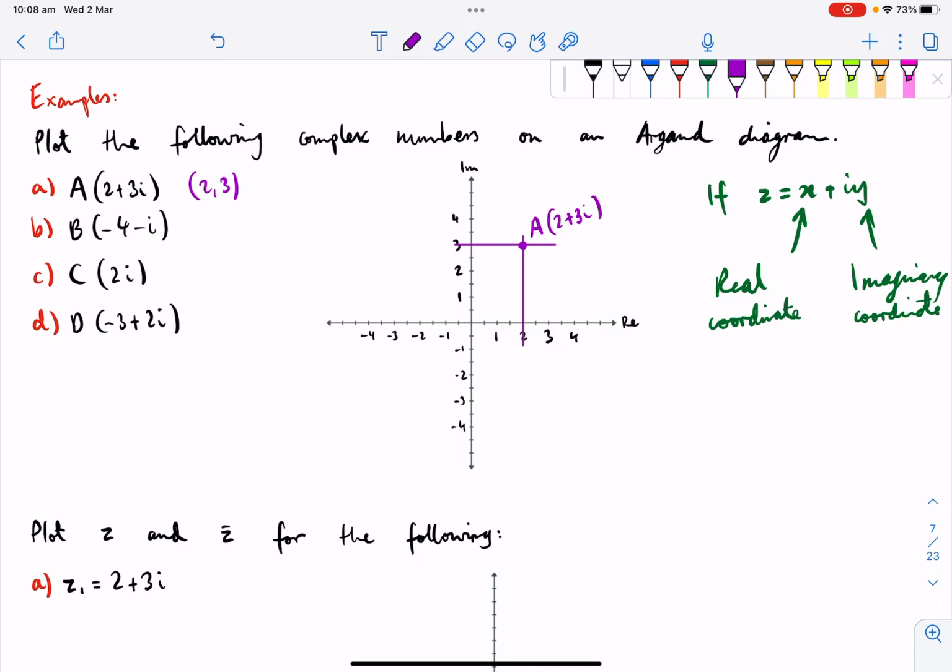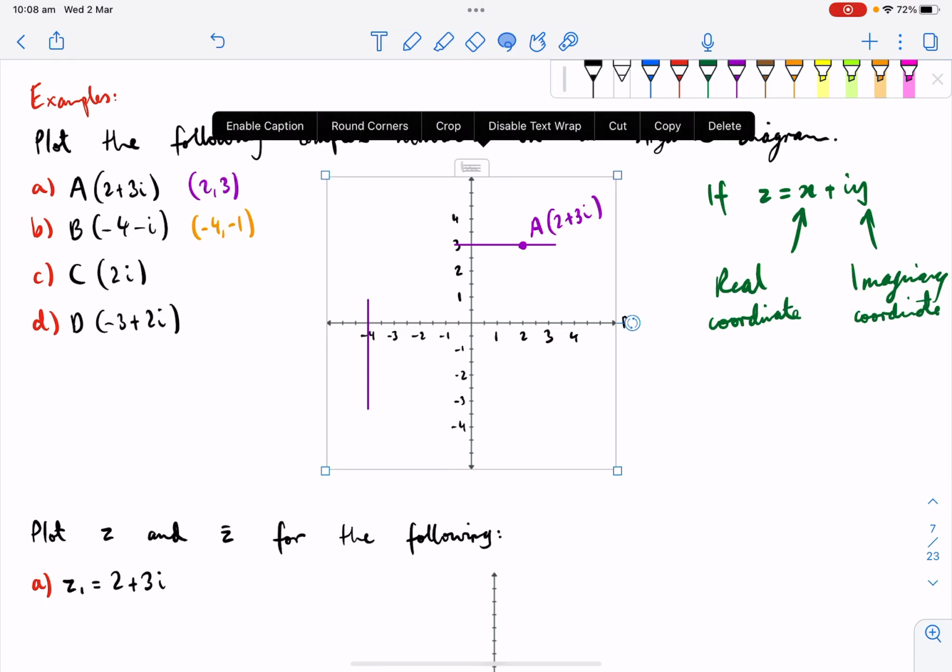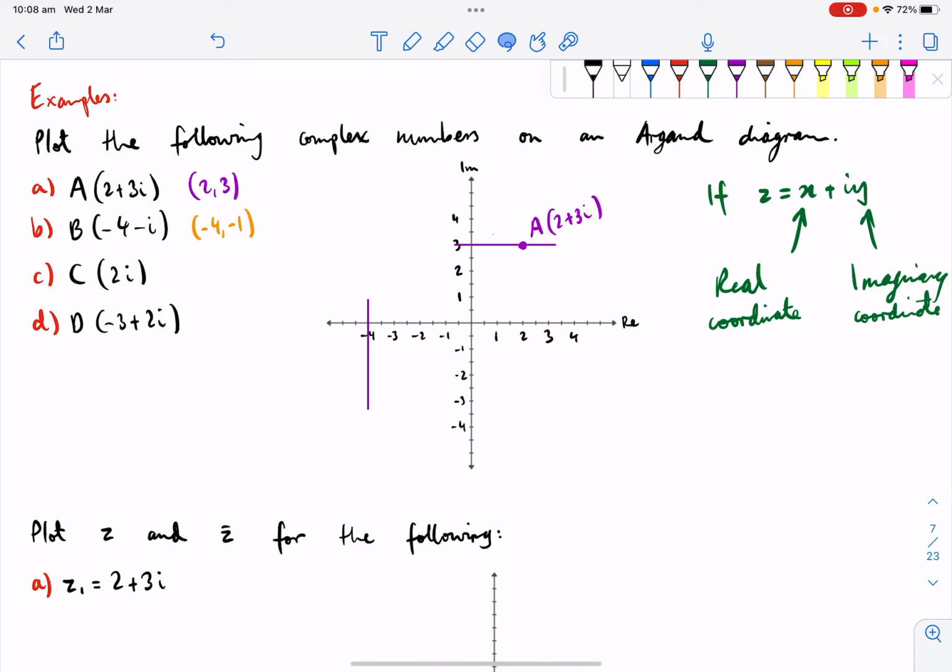Now looking at the next point, we have -4 - i, so (-4, -1). I like to transform them into coordinates just so I can easily plot them. I will take this, -4, -1.